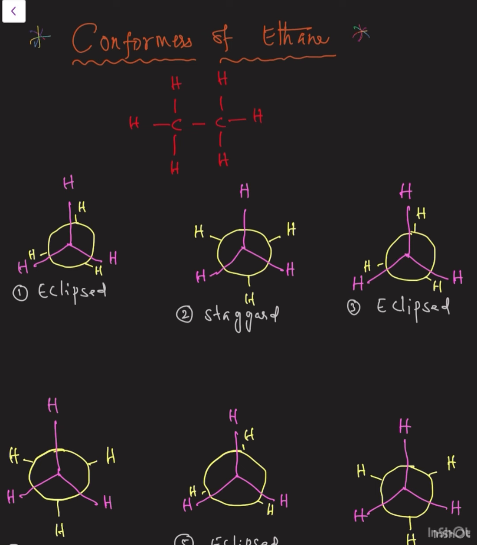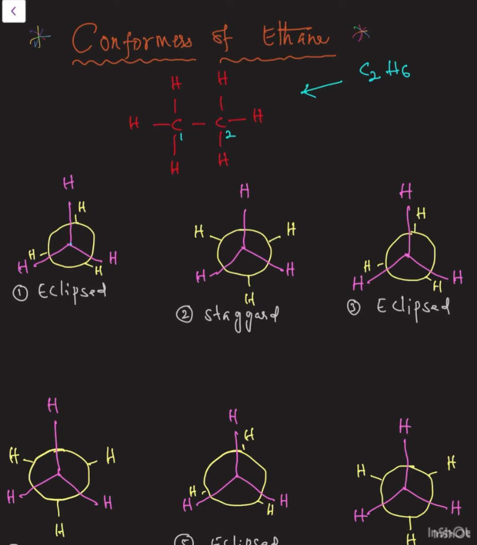Here is the ethane molecule. We know the formula of ethane: the molecular formula is C2H6. So the bond line structure is like this. This is the first carbon, second carbon. Every carbon has 3 hydrogens. Now I am writing the first carbon with a pink line, and the second carbon with yellow color.